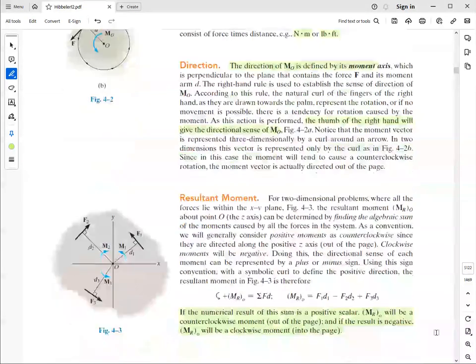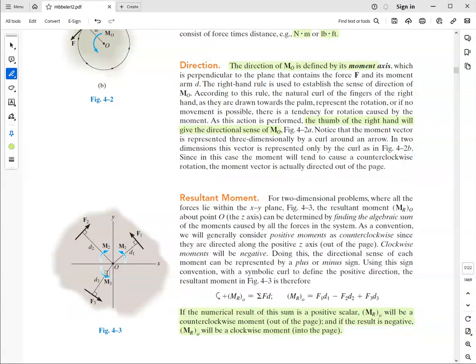In general, we can have more than one force inducing rotation to a rigid body, each with their own moment arm. So the resultant moment is going to be, again, the moments of the individual forces evaluated about the same point, or about the same axis, which would be the z-axis in this two-dimensional case.